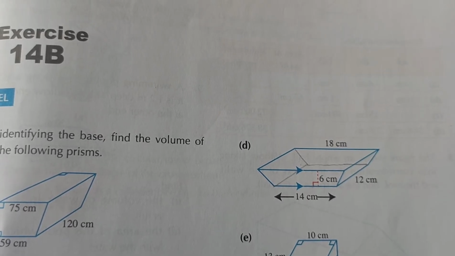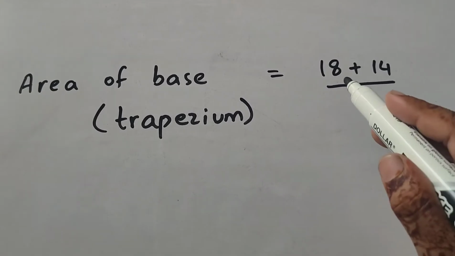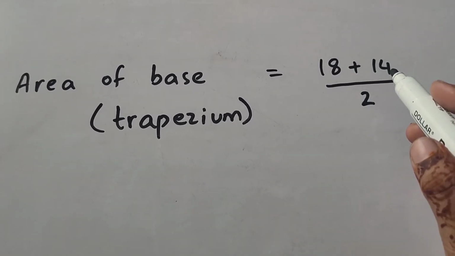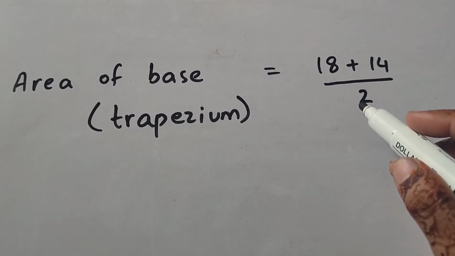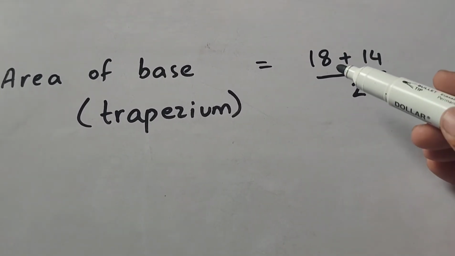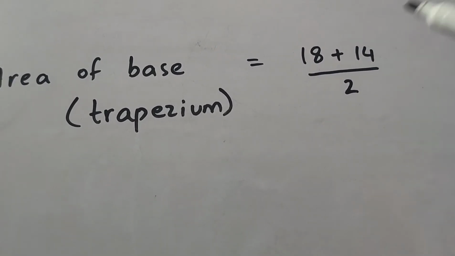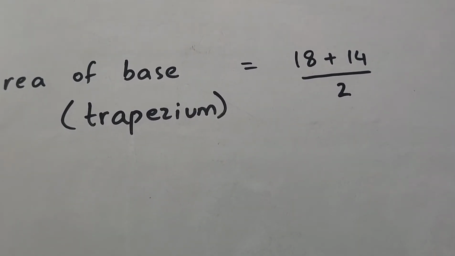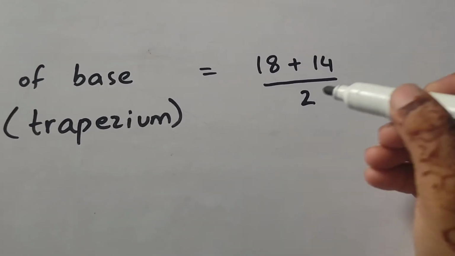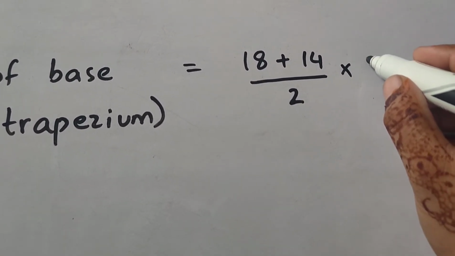We know that students, the area of trapezium is the sum of the parallel lines divided by 2. That is half of the sum of parallel lines, which is 18 and 14. So we are going to find out the half of their sum multiplied to its altitude, sorry, 6 centimeter.